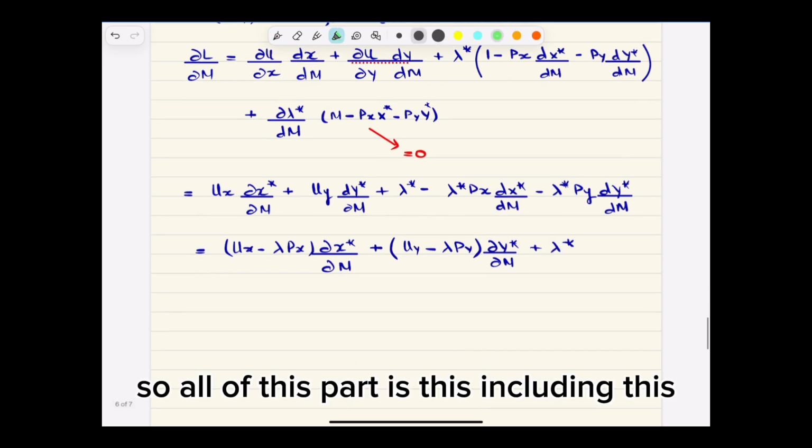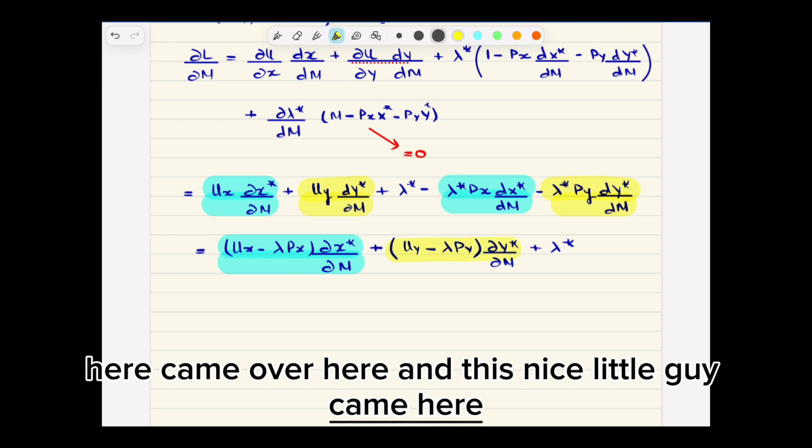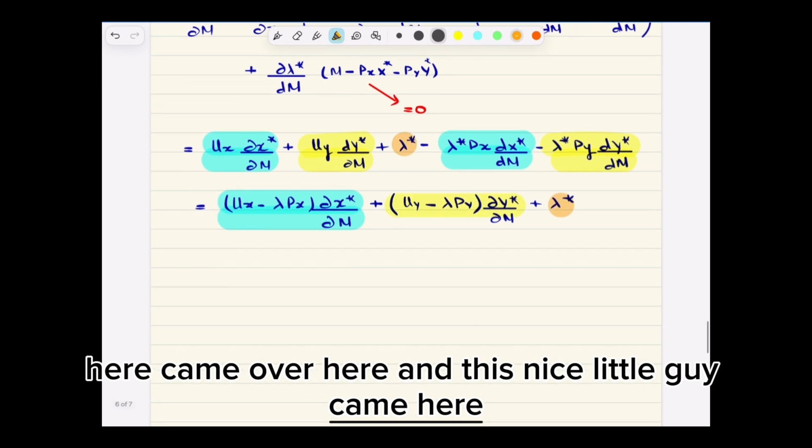So all of this part is this, including this right here, and this right here came over here, and this nice little guy came here.